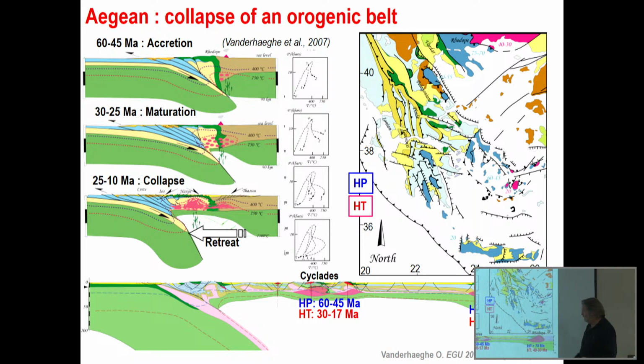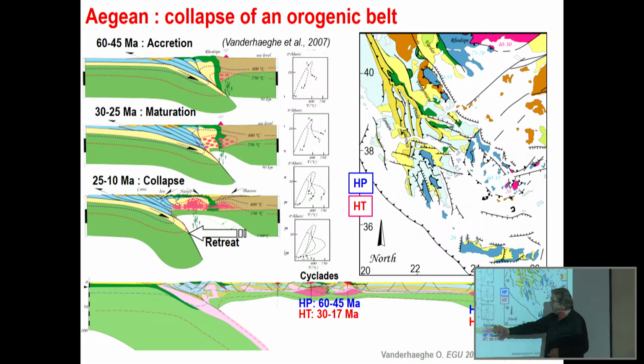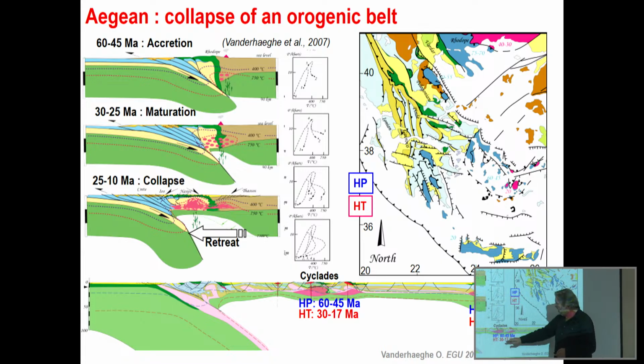In the northern part, in the Rhodope, it occurred at 70 million years for the high pressure, and the high temperature about 30 million years after, between 40 and 30. And 20 million years after, the same sequence of events happens here: high pressure and then high temperature.